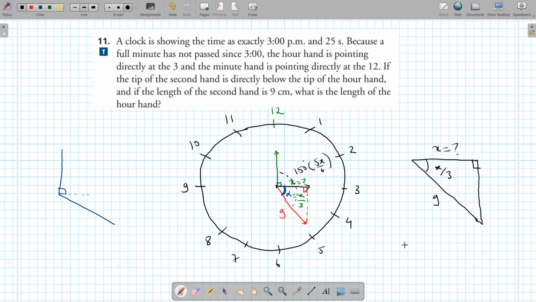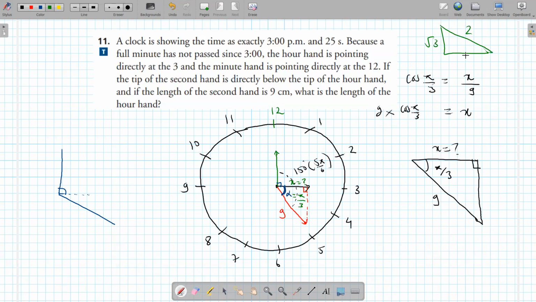Cosine is right. So cosine of pi over 3 is equal to the adjacent, x, divided by 9. So x will be 9 times cosine of pi over 3.